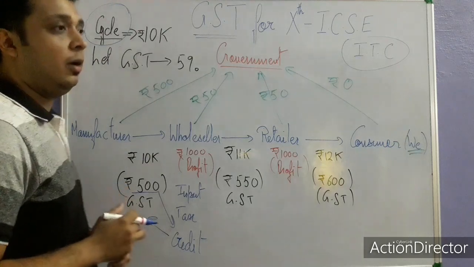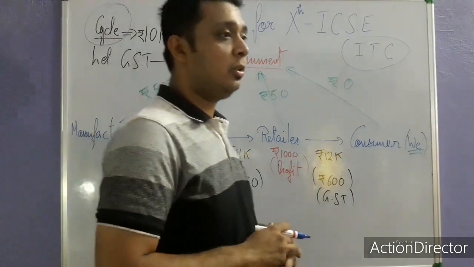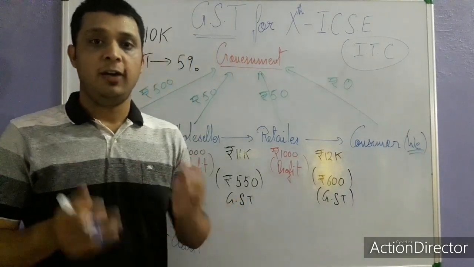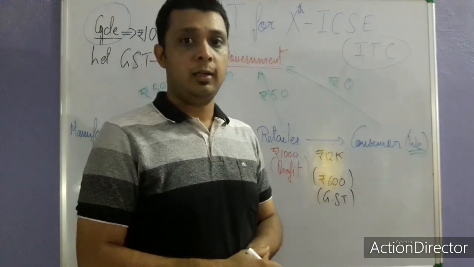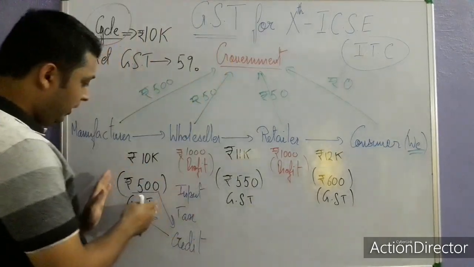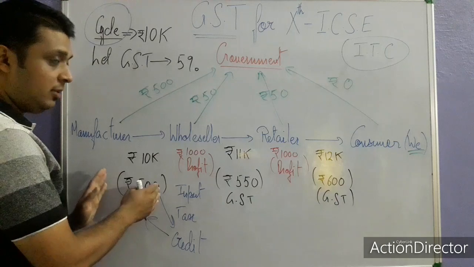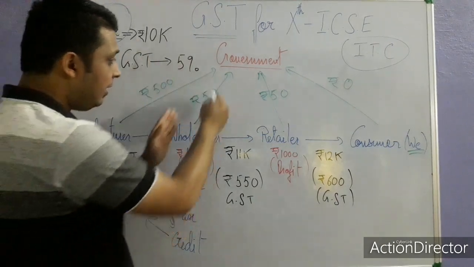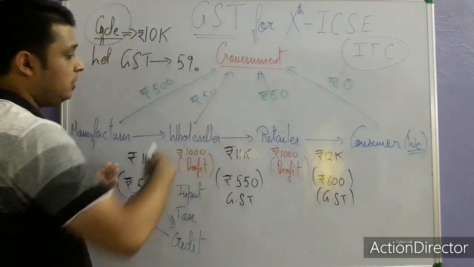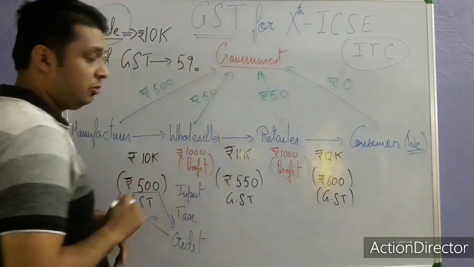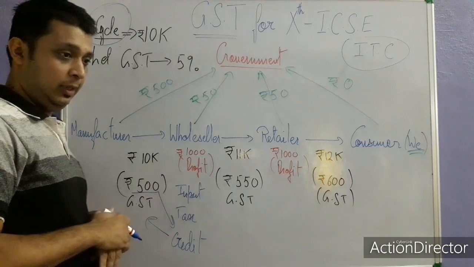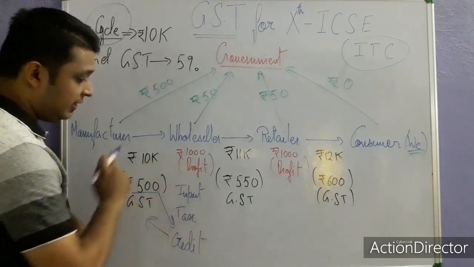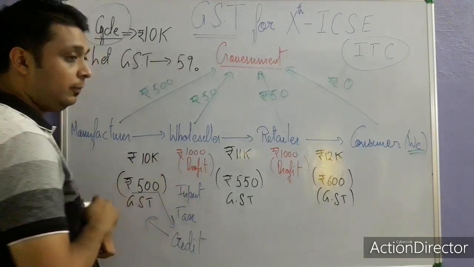Because if we talk about credit cards, you know that in credit cards we have money that we can spend. So he has already some money, and rupees 50 is given as the balance to the government. I hope the idea is clear to everyone.